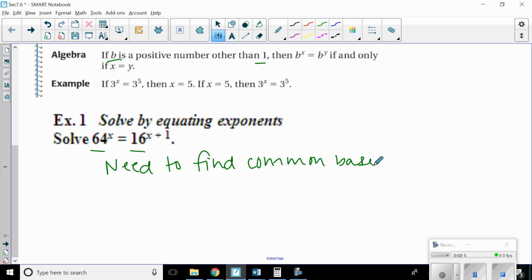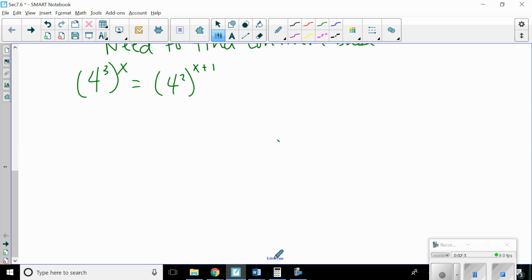If we rewrite 64 with a base 4, that's 4 to the 3rd power, all to the x power, is equal to rewriting 16 with a base 4, which is 4 squared, all to the x plus 1 power.